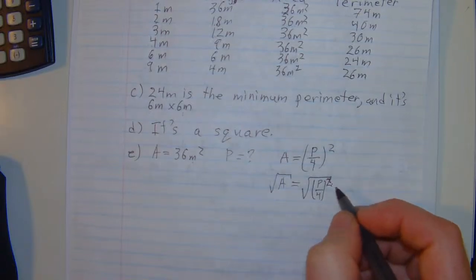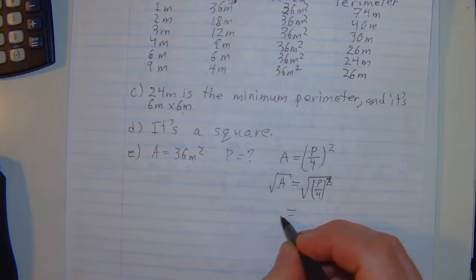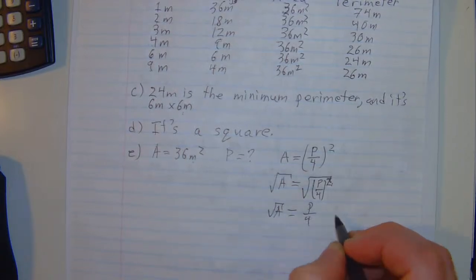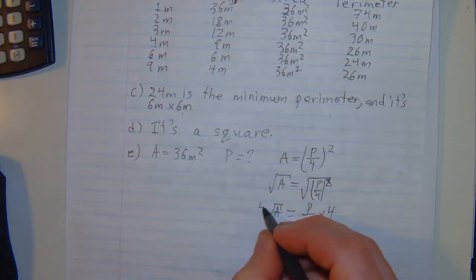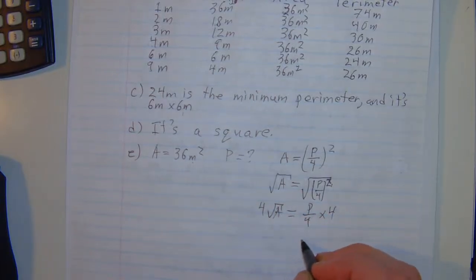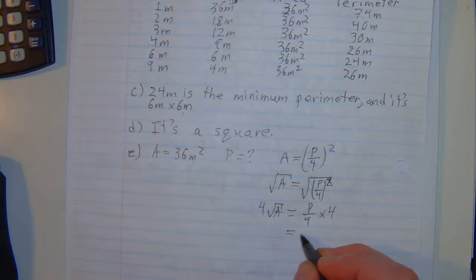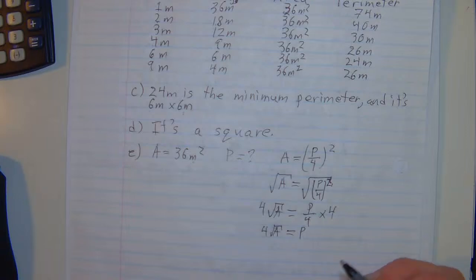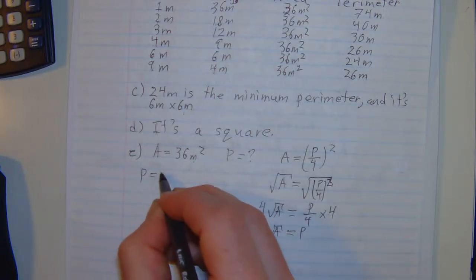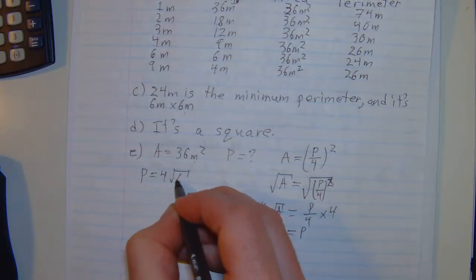And square rooting a square undoes it, like in Pythagorean theorem. So we end up with p over 4. And then to undo a division by 4, I'm going to multiply by 4 on both sides. And so I eventually end up with my perimeter is equal to 4 times the square root of my area. So perimeter equals 4 times square root of the area.